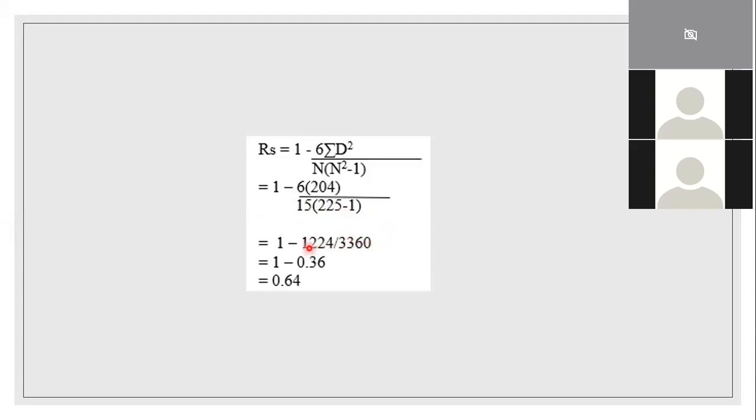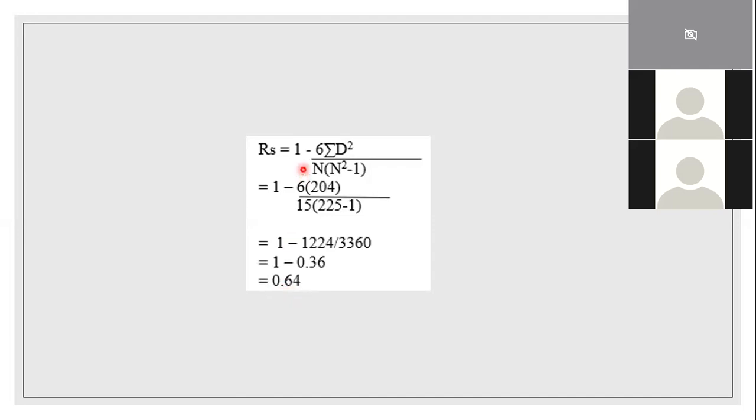And when we divide the 1224 by the 3360, we get 0.36. And then we minus that from the 1, and that gives us 0.64. Which is not a very strong relationship, but it's moderately strong. We'll go back to our ranking to see where exactly this value 0.64 will fall.